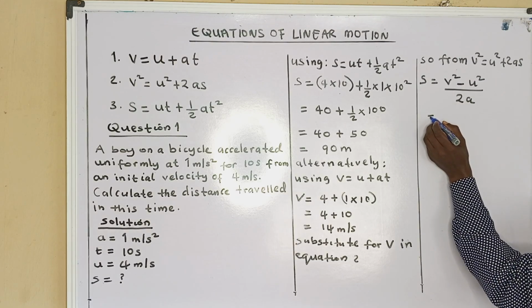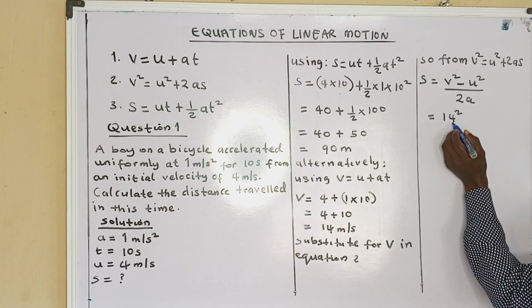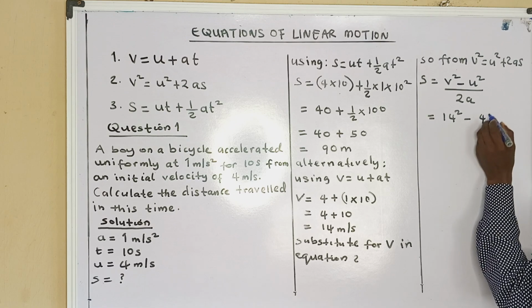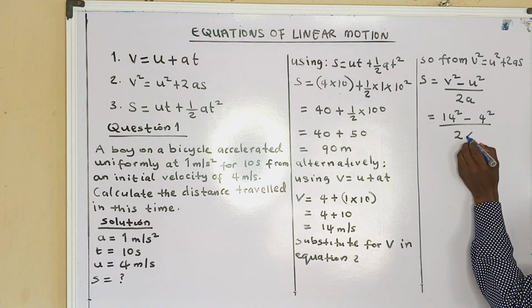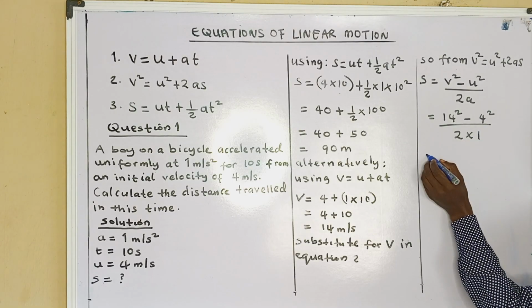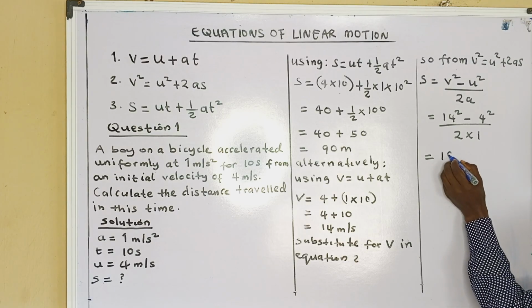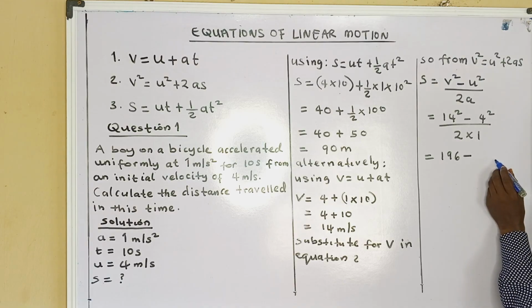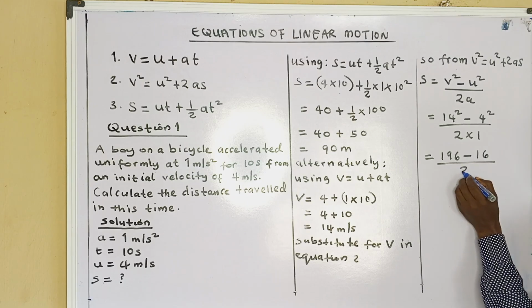So let's look at that. What is v? My v is 14, that's squared, then minus my u is 4, that's squared, all over 2a, that is 2 times 1. Now, what is 14 squared? 14 squared is 196, minus 4 squared is 16, then all over 2.